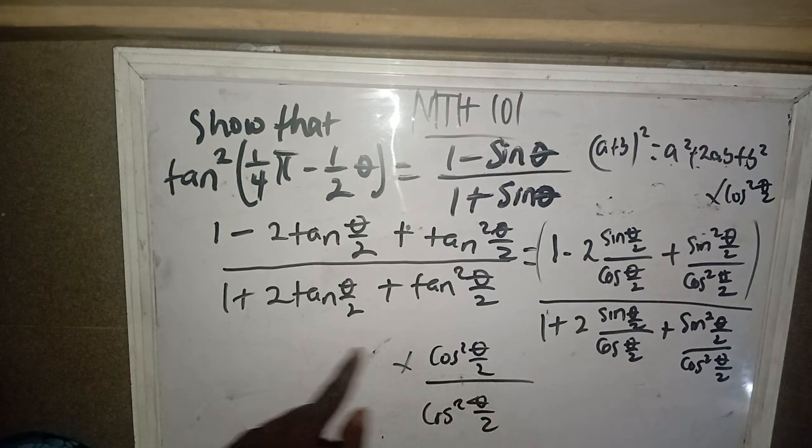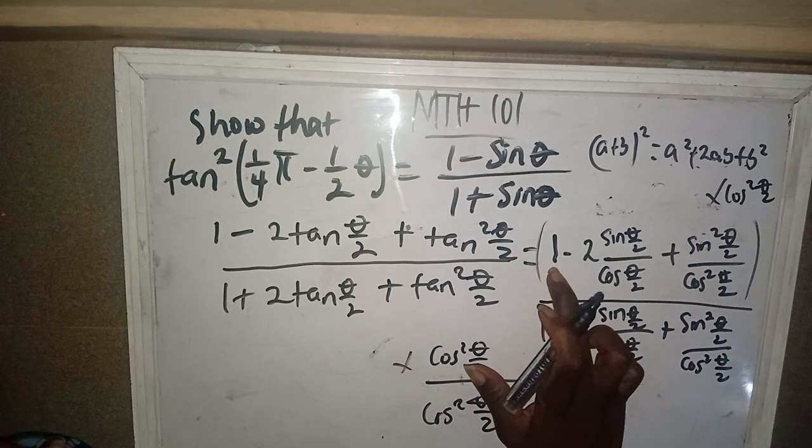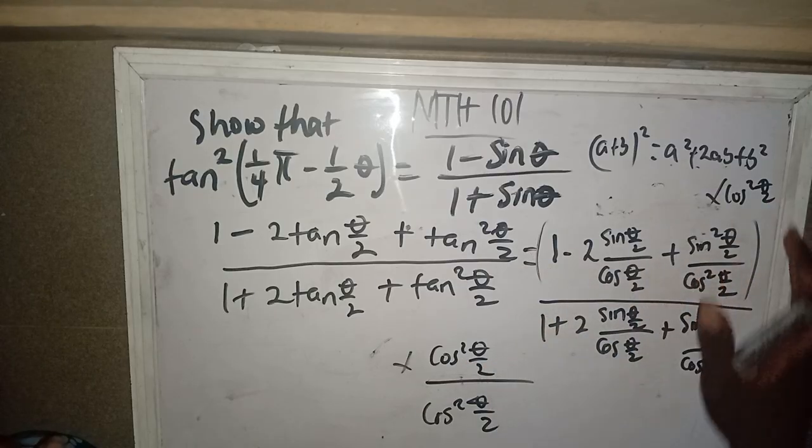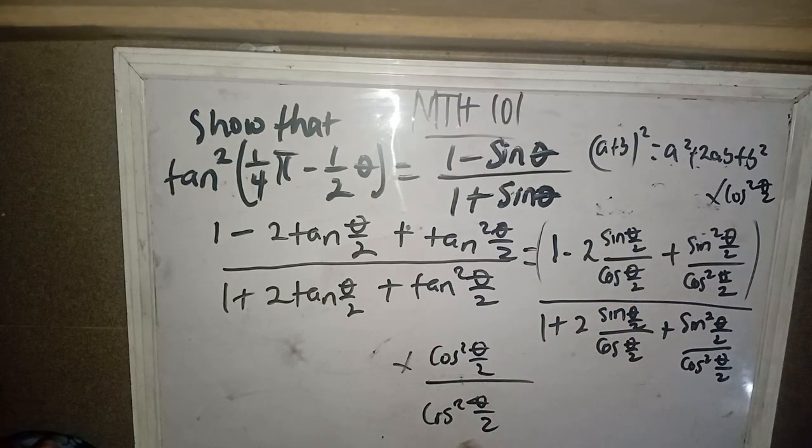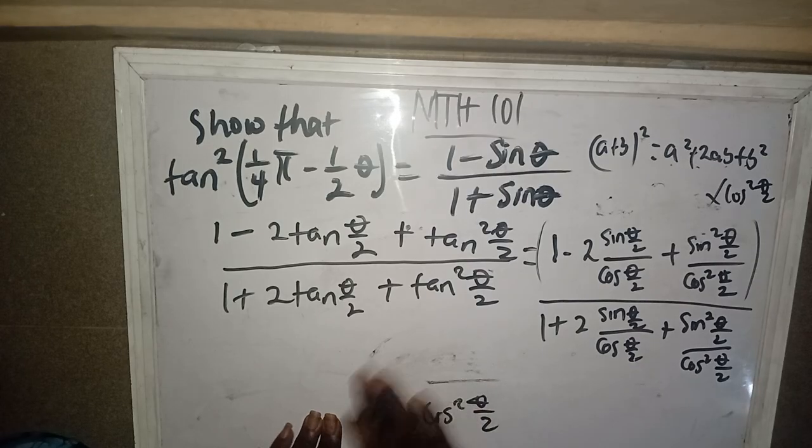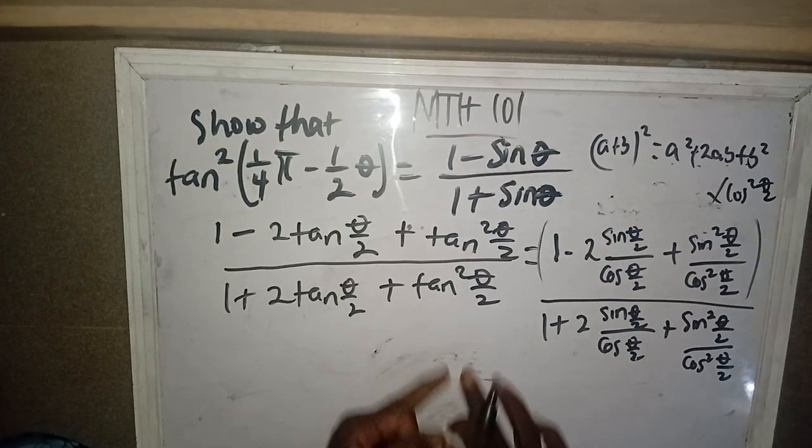This multiplies the whole numerator, this multiplies the whole denominator. Do we get? So I'll now be saying 1 times this, times this, times this. I'm using this as just 1. What I just wrote now is 1.